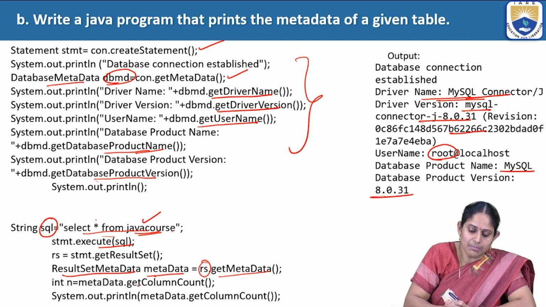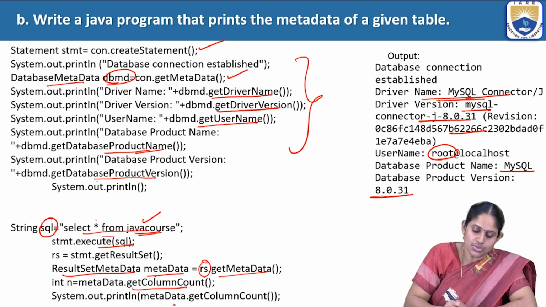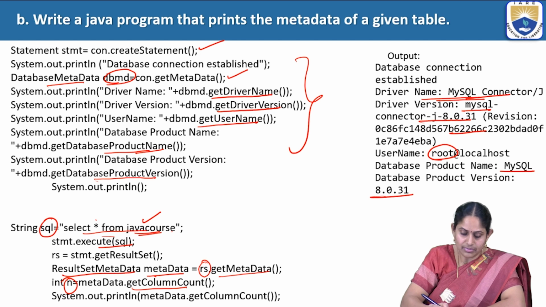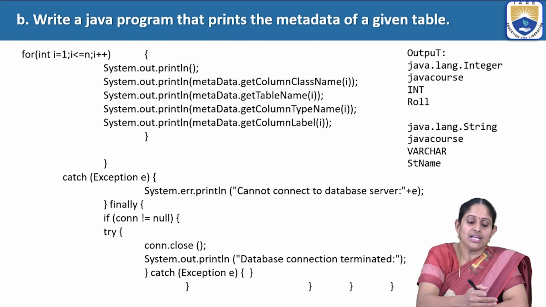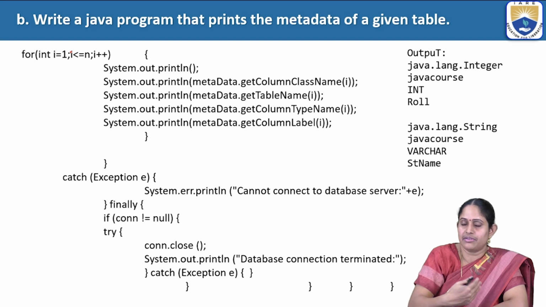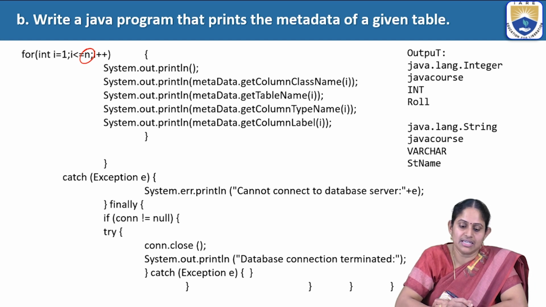Now to get the number of columns in that table, I make use of the method getColumnCount. That will be stored into the value n. Then I'm using a for loop to iterate over those columns and display the contents.